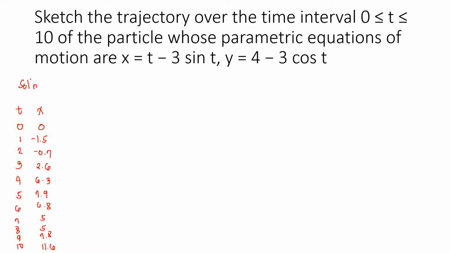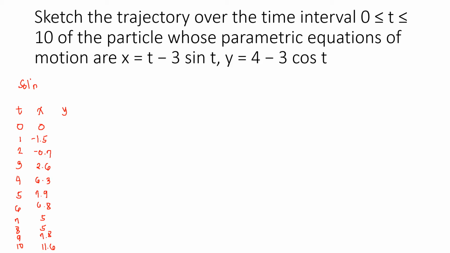So if we substitute these numbers into our equation x equals t minus 3 sine t, these would be the values of x. Then we determine the value of y using the values of t from 0 up to 10, with the equation y equals 4 minus 3 cosine t.